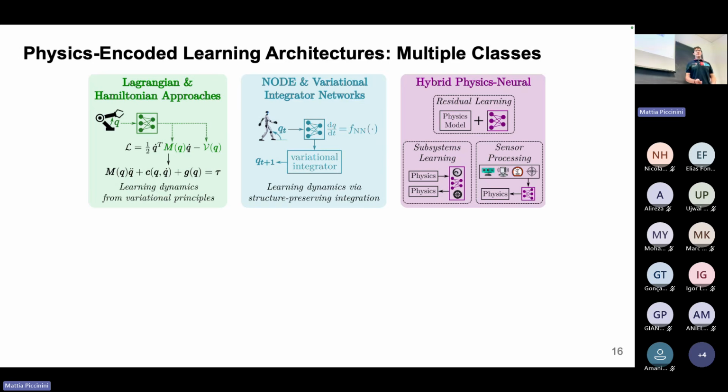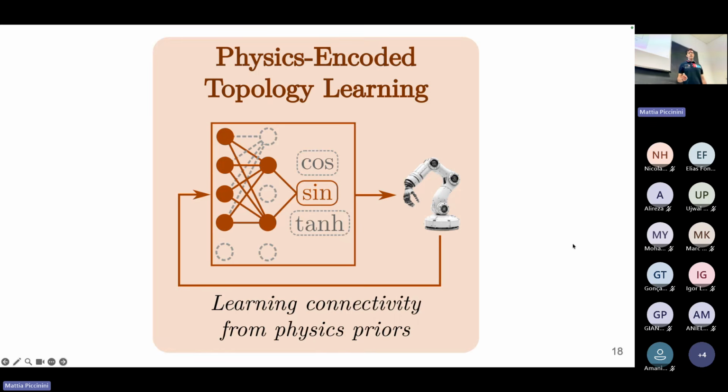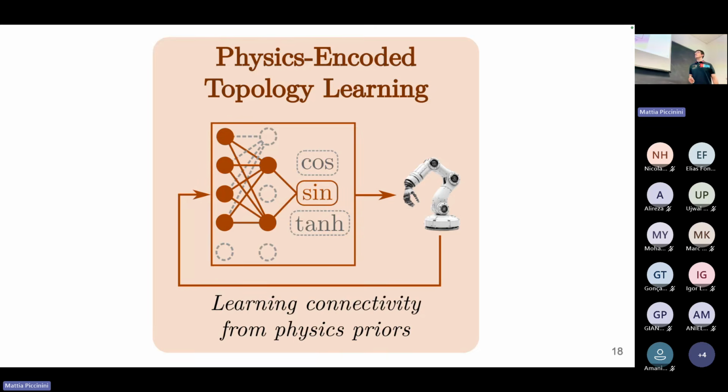And we said, okay, up to now we explored the first three categories of physics-encoded learning architectures. I want to briefly mention the next two before moving on to the final one. The fourth category is physics-encoded topology learning.